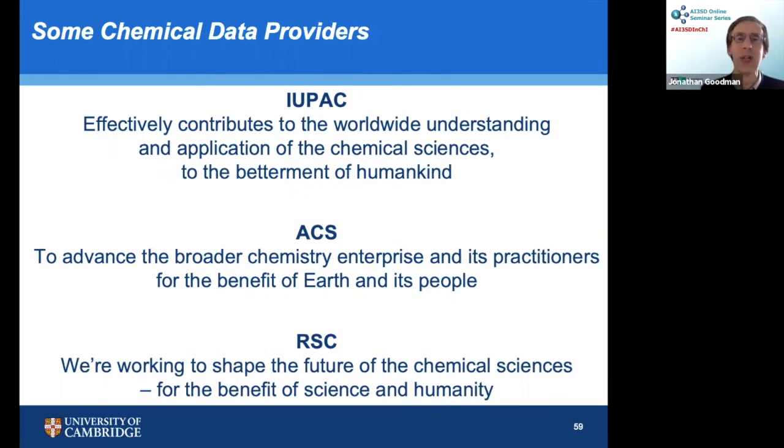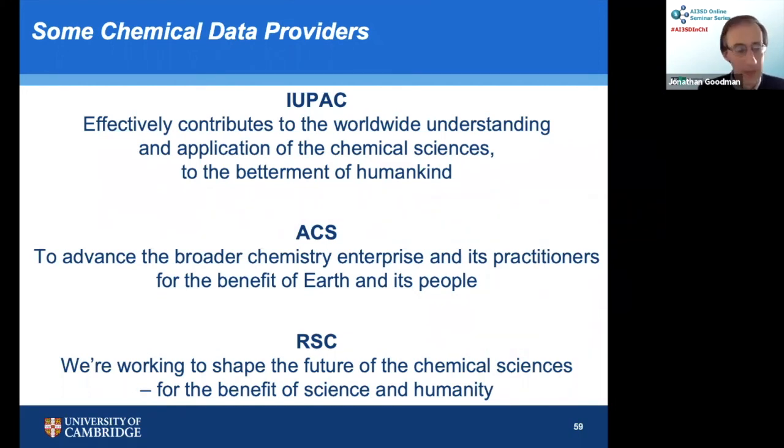IUPAC contributes to worldwide understanding, the ACS advances the broader chemistry enterprise for the benefit of the Earth and its people, and the RSC helps shape the future of the chemical sciences for the benefit of science and humanity. But once you've published a paper with these publishers or with commercial publishers, then do you still own your data? Can you put it in a way which other people will be able to find? At the moment, we tend to rely on secondary publishers, such as the Chemical Abstracts Service or Reaxys or other resources, which allow us to search for molecules and search for reactions within publications.